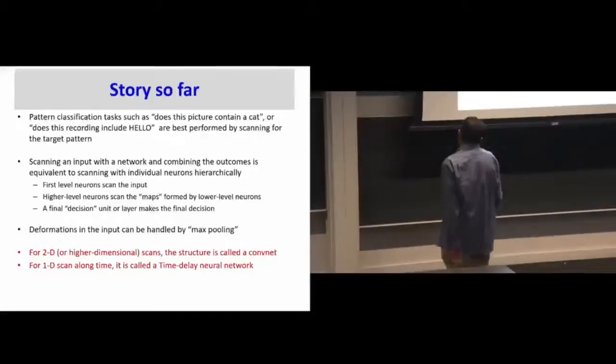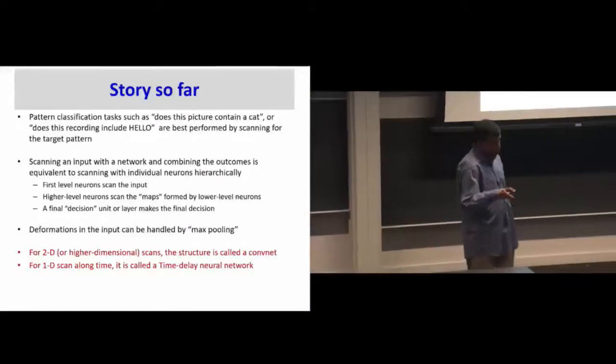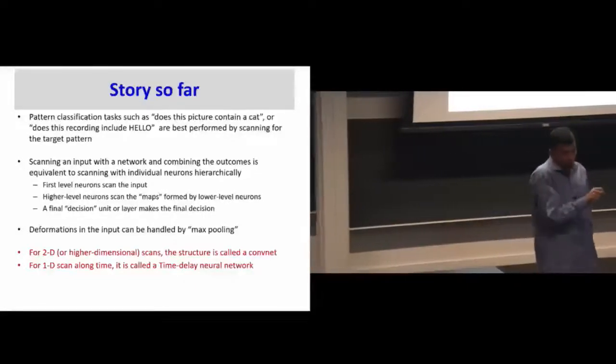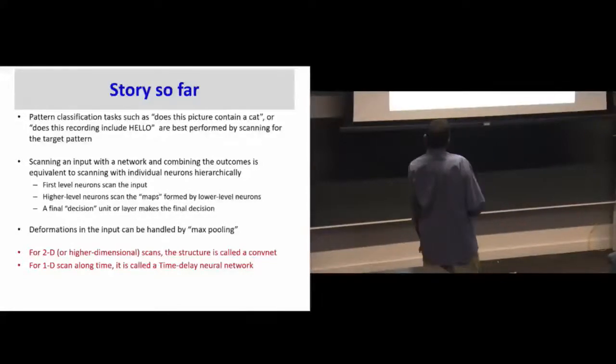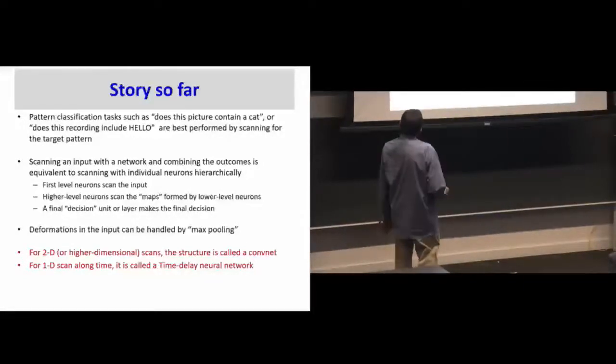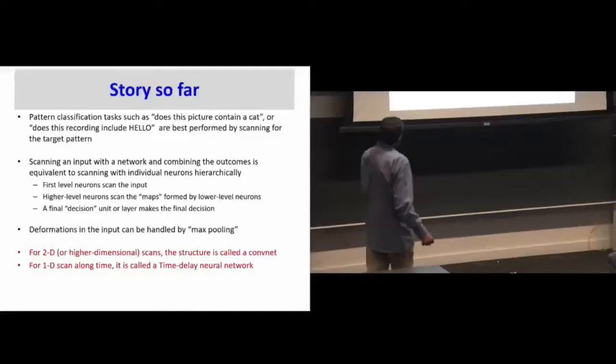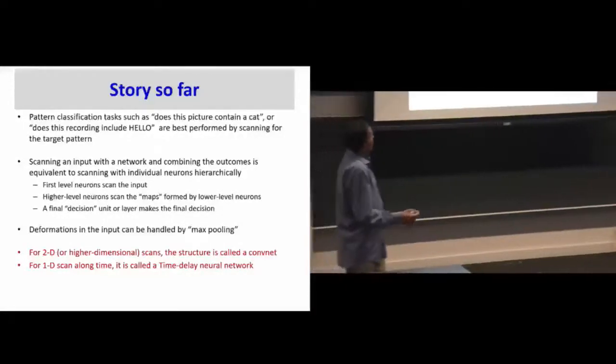For two-dimensional or higher dimensional scans, we call it a convnet or a convolutional network. For one-dimensional scans, like in the case of speech, we called it a time delay neural network.